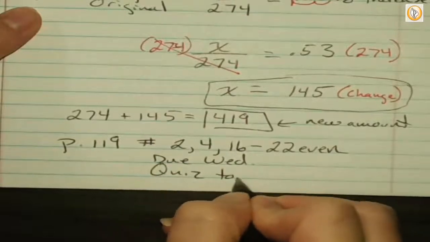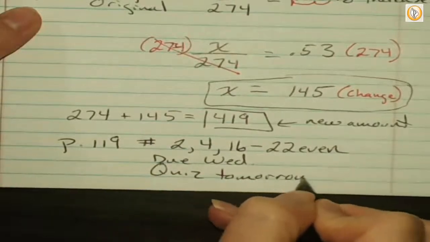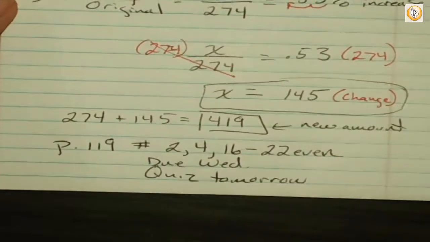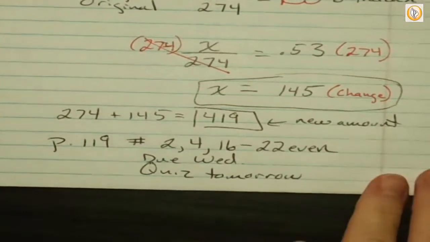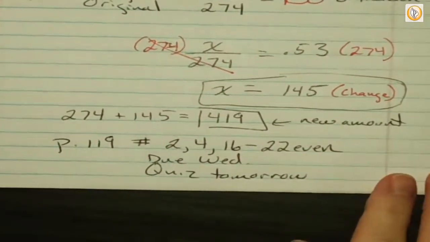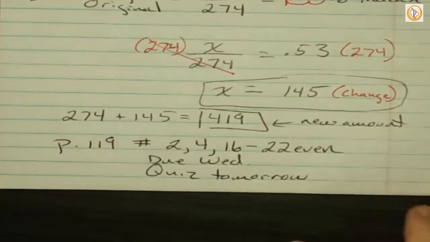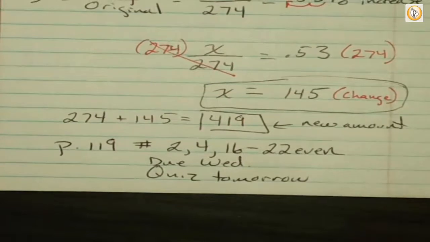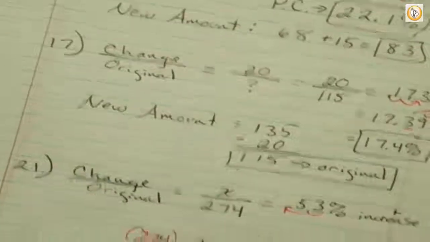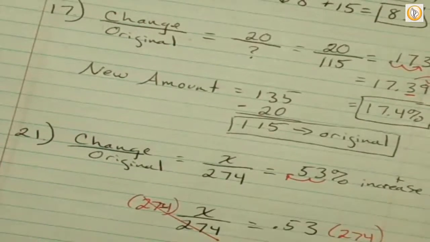But tomorrow is the PSAT. I know, it's in the afternoon. And it's not over today's work, it's over yesterday's and Friday's. Yes? Wouldn't finding the new amount be the same as the 5 through 10? No.